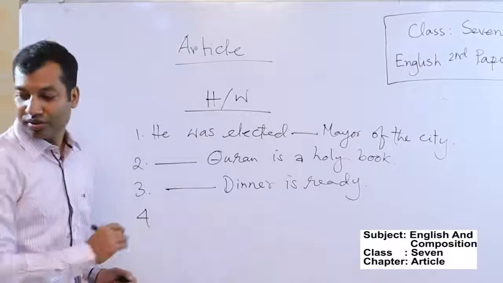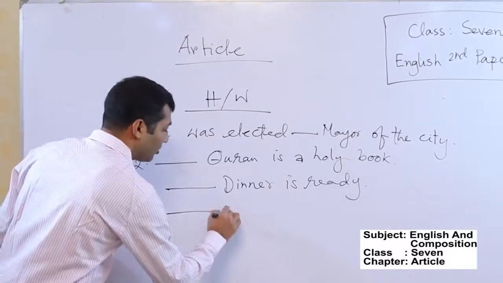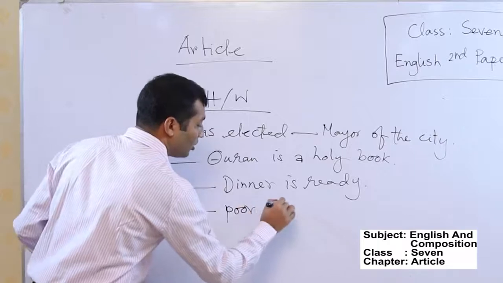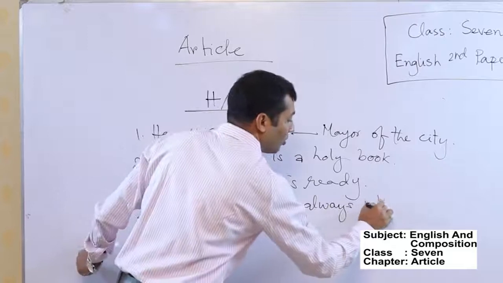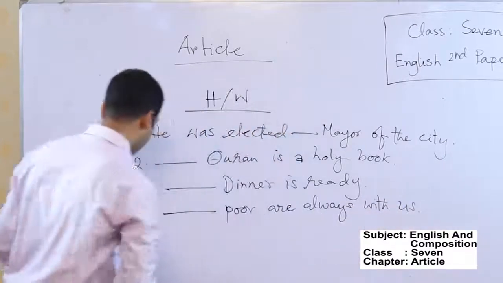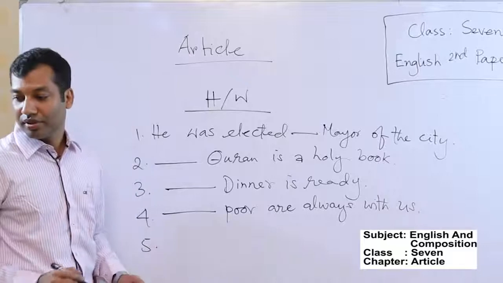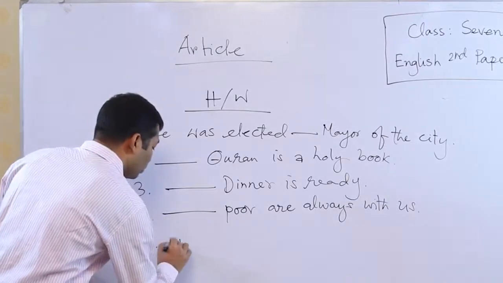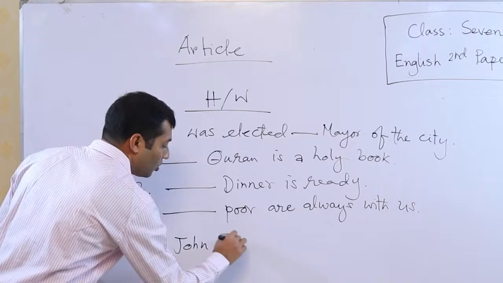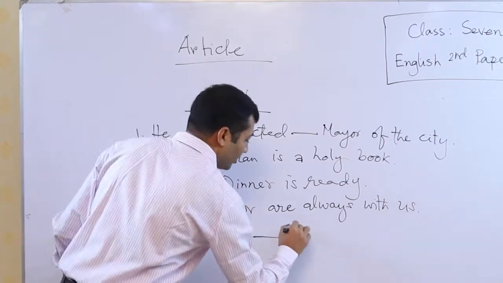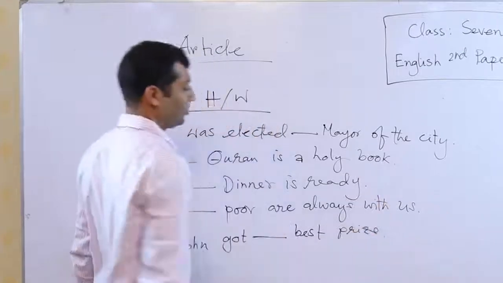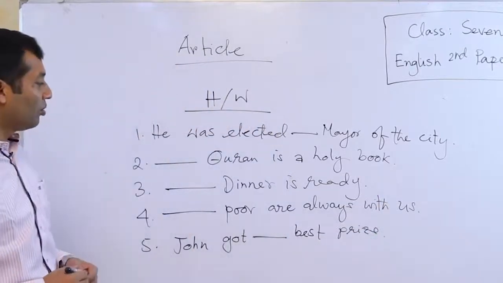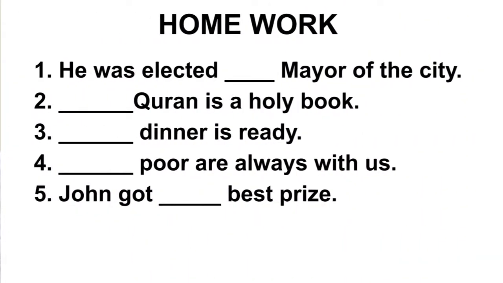Number 4, dash poor are always with us. Number 5, John got dash best prize. So do the homework at home and have it checked by your subject teacher after the school reopens.